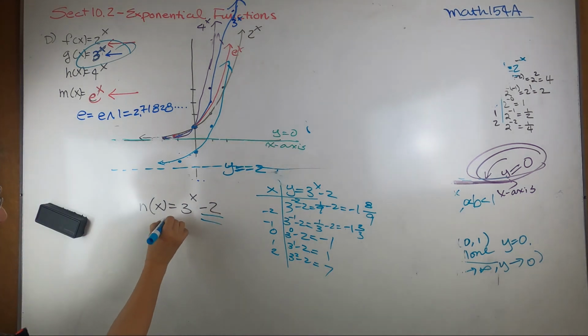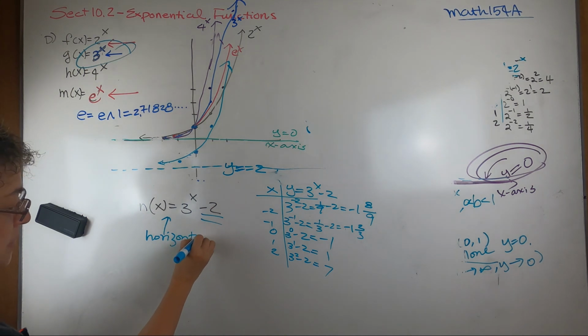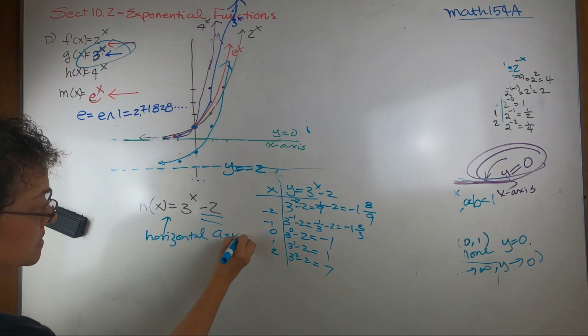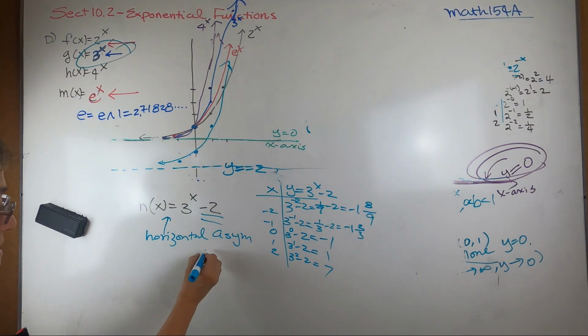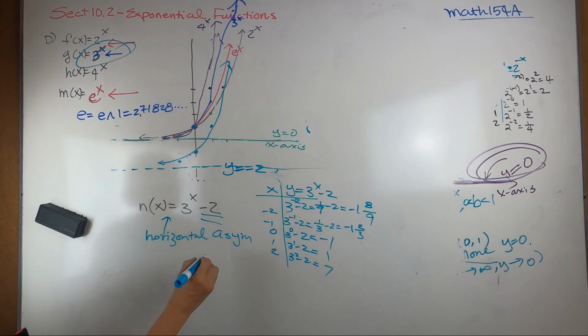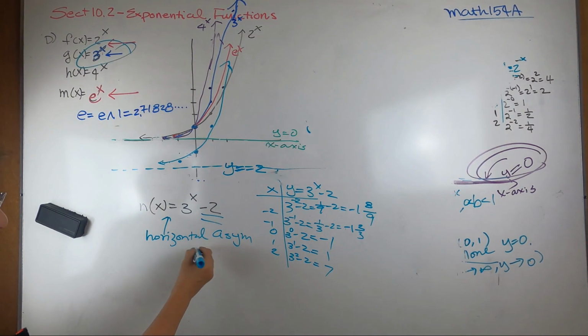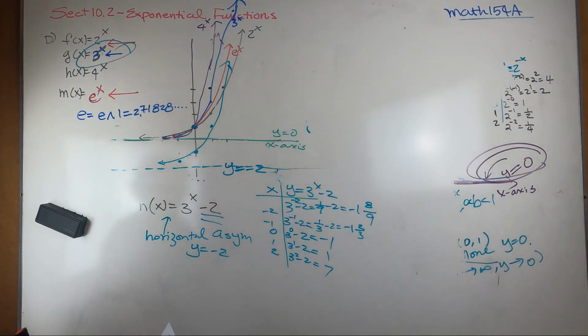So it has a horizontal asymptote. You need this concept for your pre-calc. What's your equation for that? That would be y equals -2.